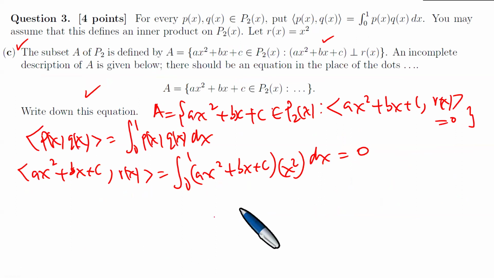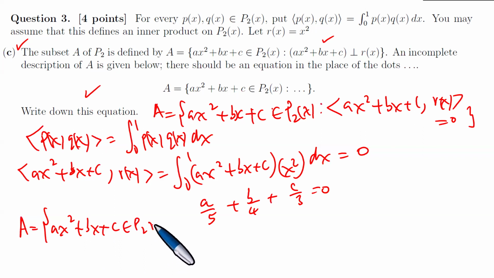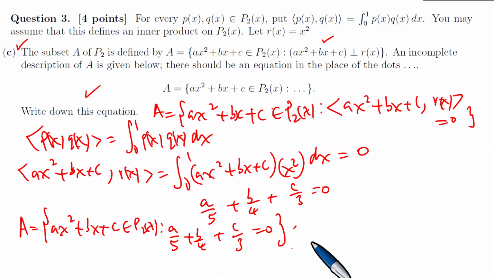Now this is 0. The equation we got here is a over 5, b over 4, c over 3 equals 0. So A is the set of ax squared plus bx plus c, an element of P2 of x, such that a over 5 plus b over 4 plus c over 3 equals 0.